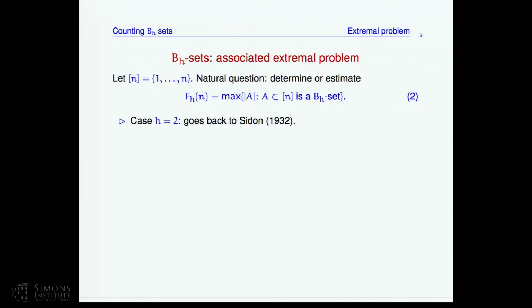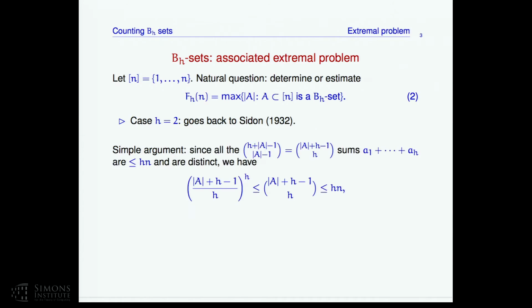For the case H equals 2, as I mentioned before, Sidon explicitly asked the question to estimate f_H(n). Let me give a very simple argument that shows that f_H(n) is at most n to the 1 over H. Remember, to be a BH set, you have to take the H-fold sums of elements of A, sums of the form a1 plus a2 and so on up to aH.